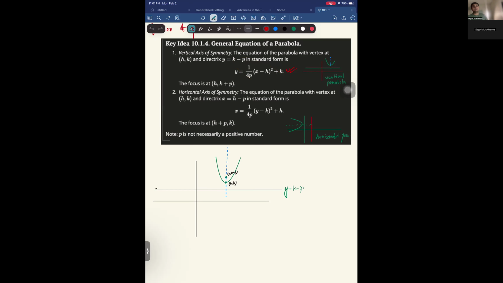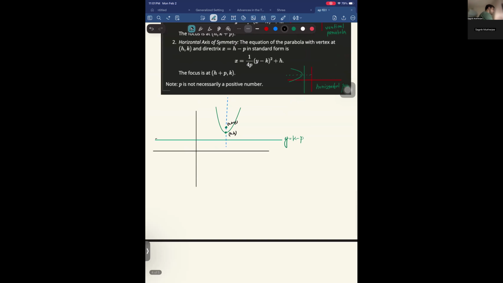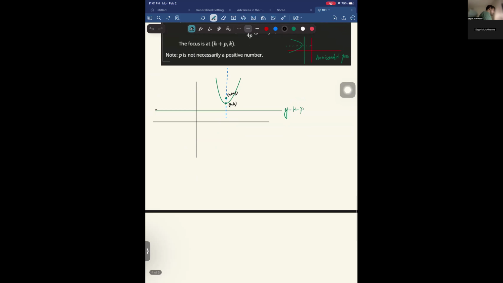So to be honest, as you can see, there are like 4 properties, right? So 4 key ingredients, which is focus, vertex, equation of directrix, and equation of axis of symmetry.